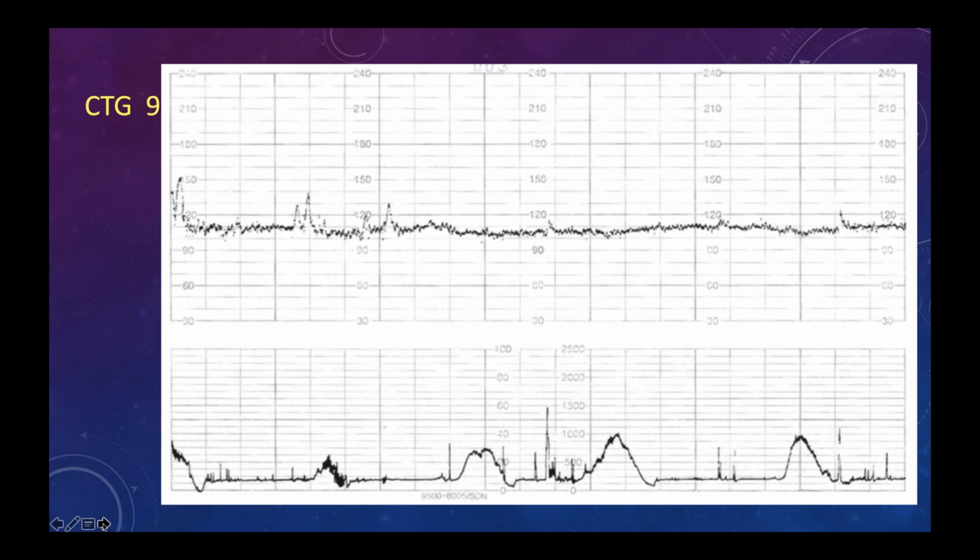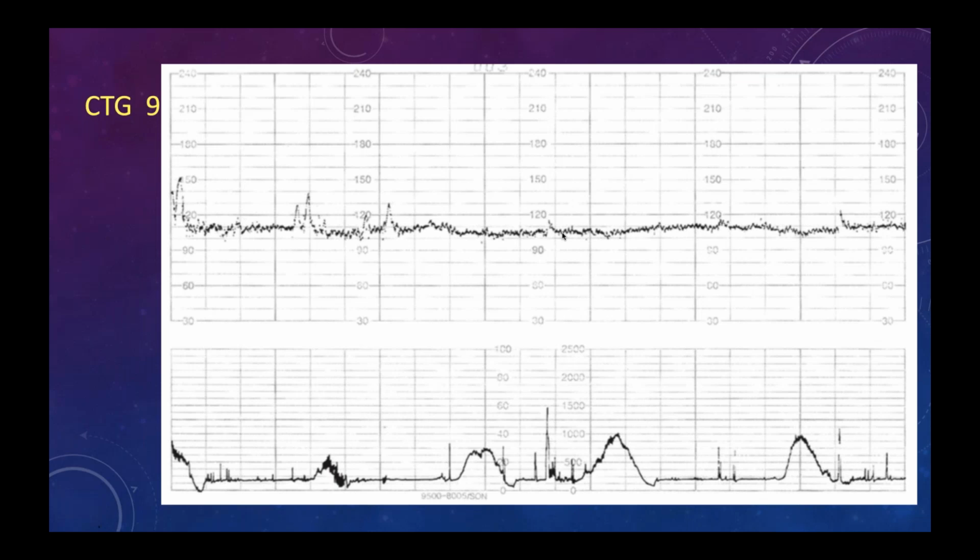There are 2 contractions in 10 minutes, and the baseline is 100 to 110 beats per minute. There are accelerations, and there are no decelerations. Variability is more than 5 beats per minute, so variability is normal.